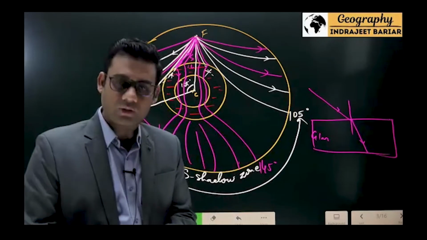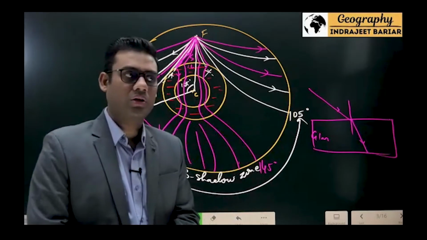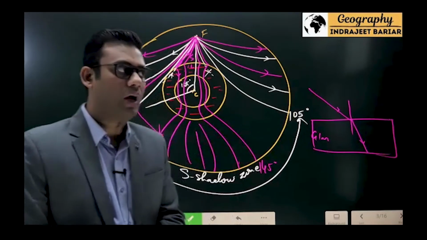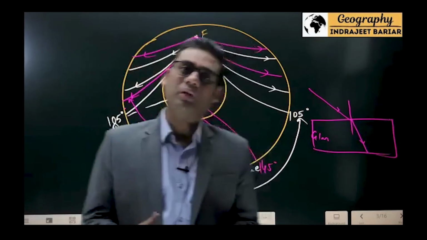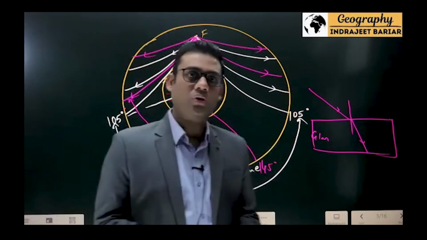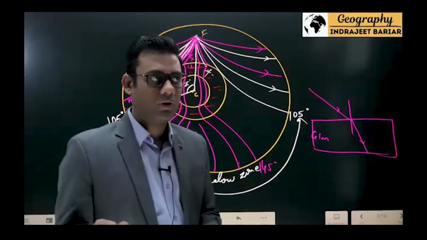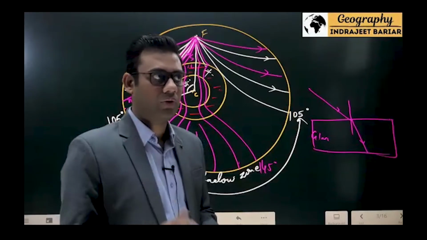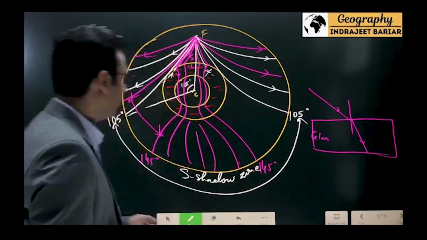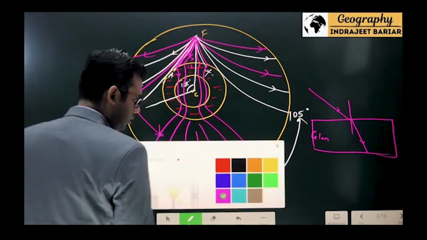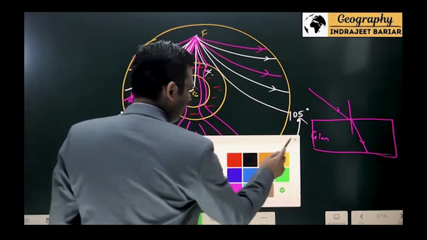Now in this case, one concept comes, which is the absolute shadow zone. When you say absolute shadow zone, what should we mean by that? Absolute shadow zone should mean the zone where no waves are received, neither P waves nor S waves. So if I have to mark these zones, let's mark the S shadow zone.